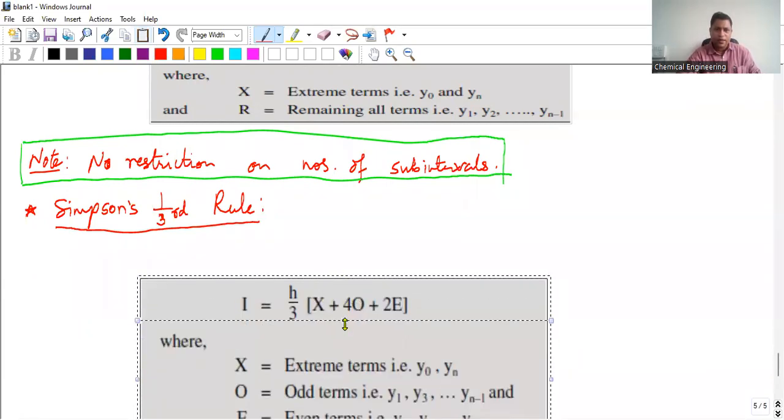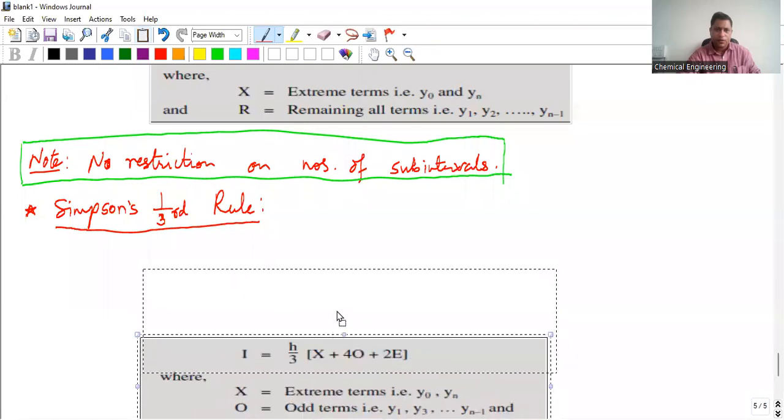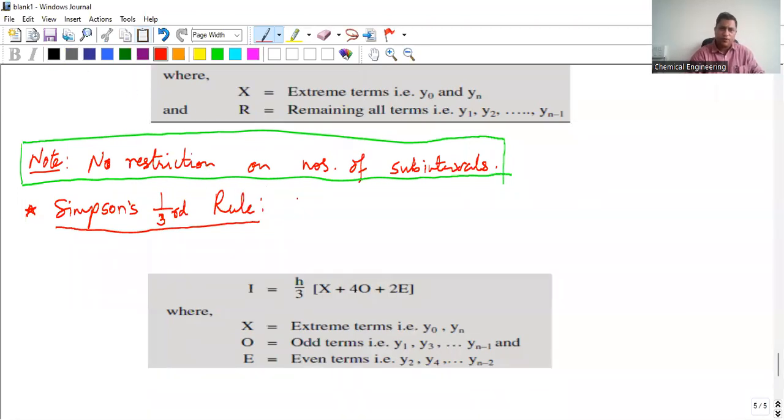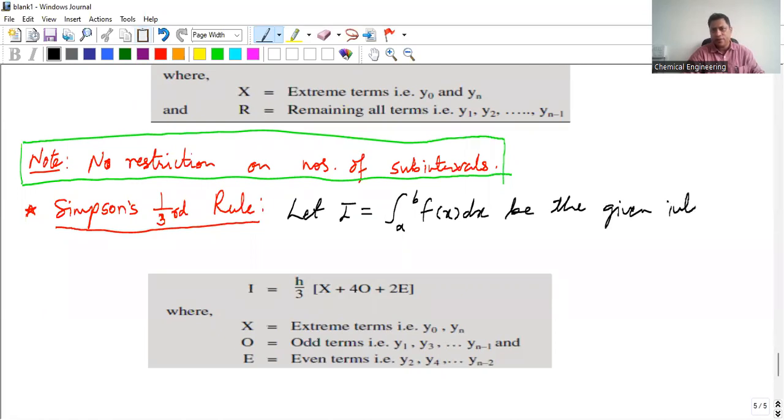Our basic assumption is the same. What is the basic assumption? We have a given integral. Let I is equal to the integral from A to B f of x dx be the given integral.